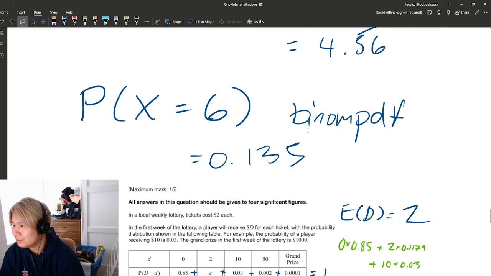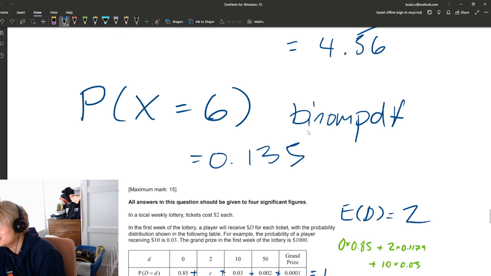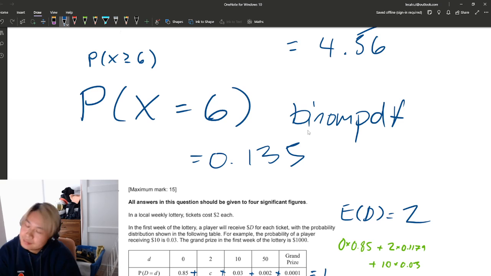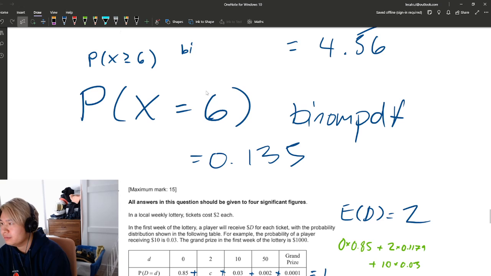So let me just do this real quick. You're supposed to do this. X is more than or equal to 6. Okay, so this is a lower boundary. Binomial CDF, which is the cumulative one, is an upper boundary.